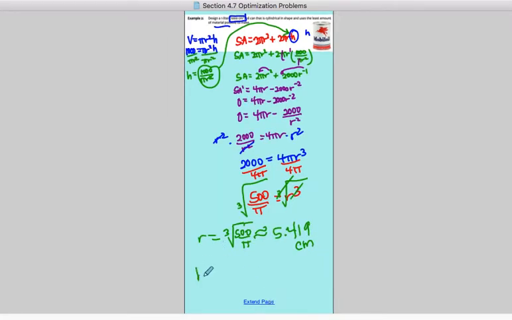And then we should also find our height. So we're going to plug it into the height equation. So it's going to be 1000 over pi times our r squared. So the cube root of 500. I would make sure you can type this in and get the same answer that I am. So h will be approximately, make sure you put all of the bottom in parentheses.